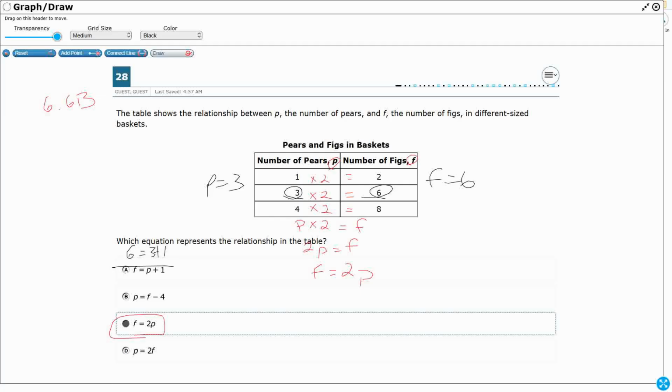No. Could have said p is 3. Have to make sure you get in the right spot. 6 minus 4. No. F is 6 equals 2 times 3. Yes. And then p, we could have said 3 equals 2 times 6. No. So you could also use substitution here, and that could have helped us.